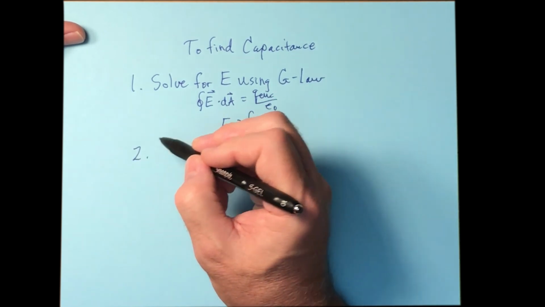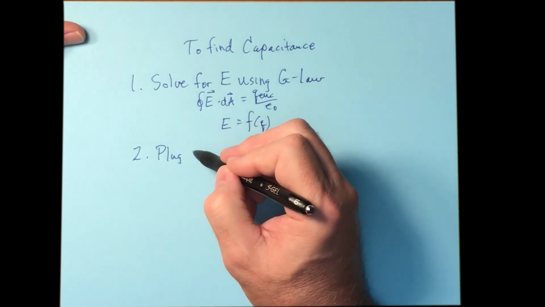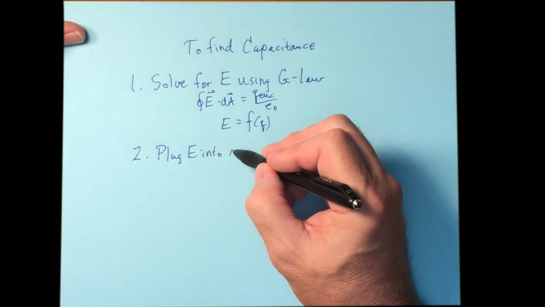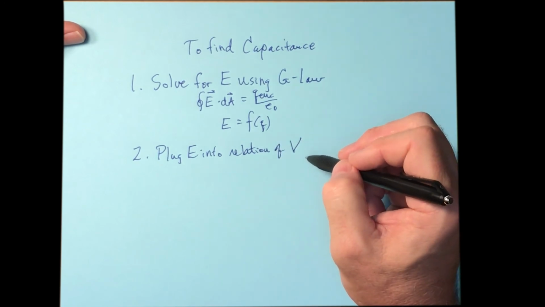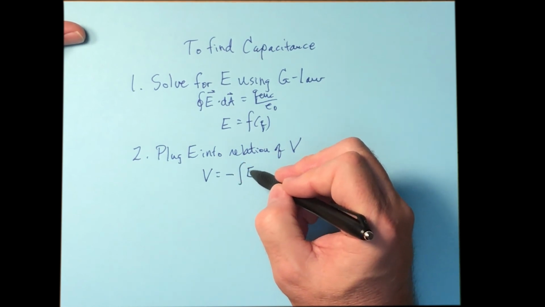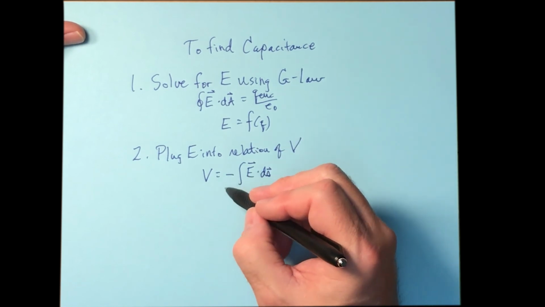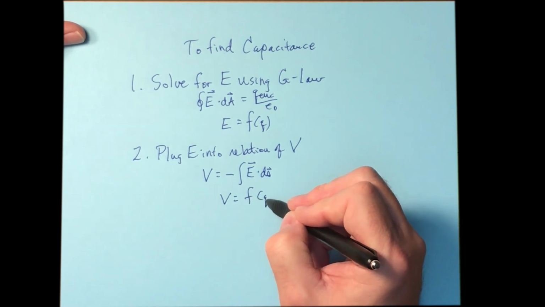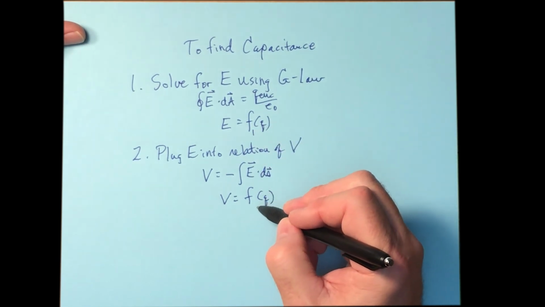Then the next step is you plug E into the relation for V, where V equals minus the integral of E dot ds. Once you go through the steps there, you've got V equals some function of Q. Those functions are not necessarily the same, so let's call that function 1 and this one function 2.